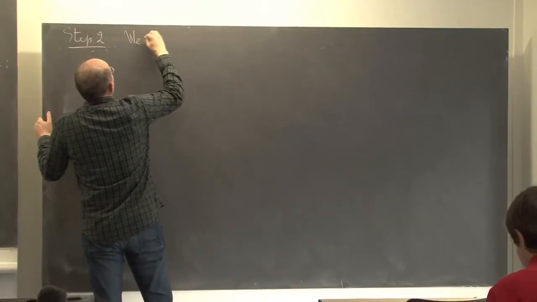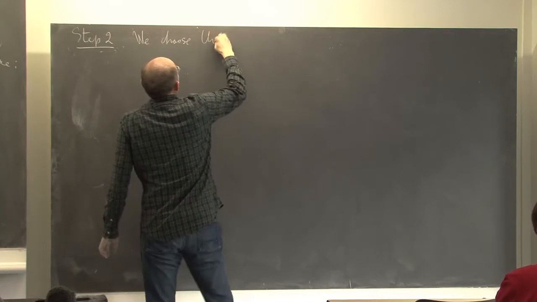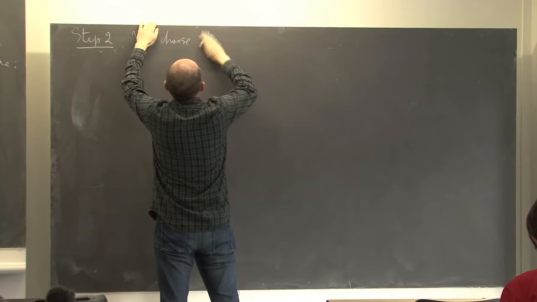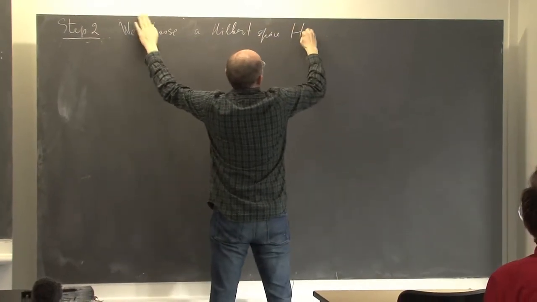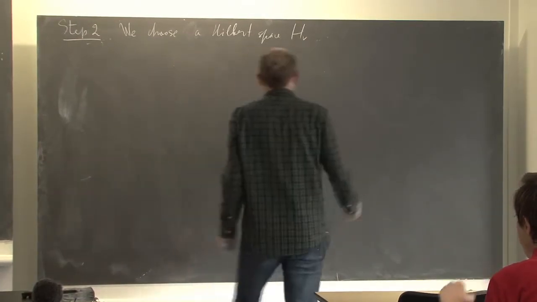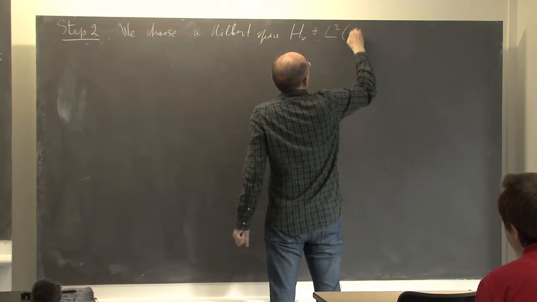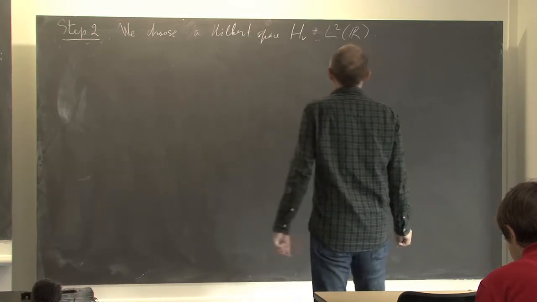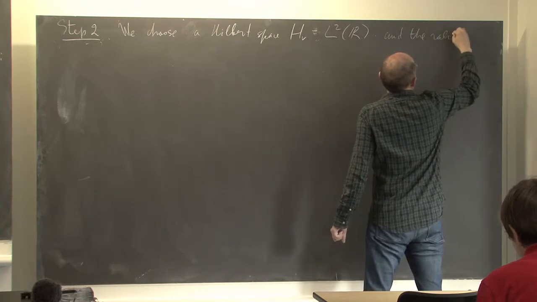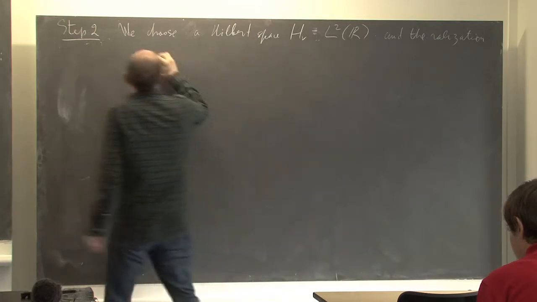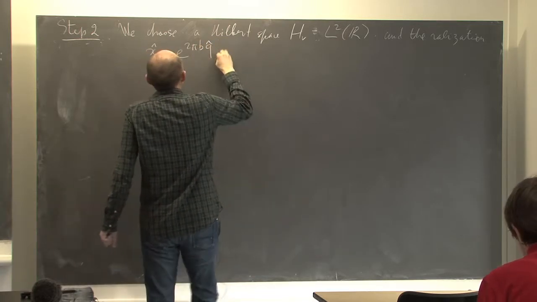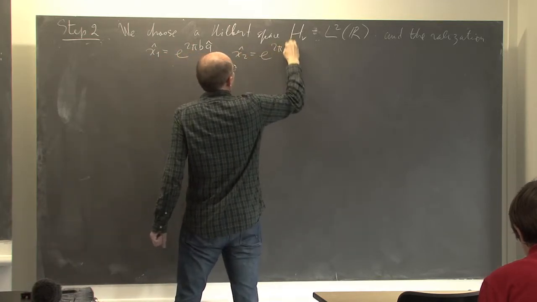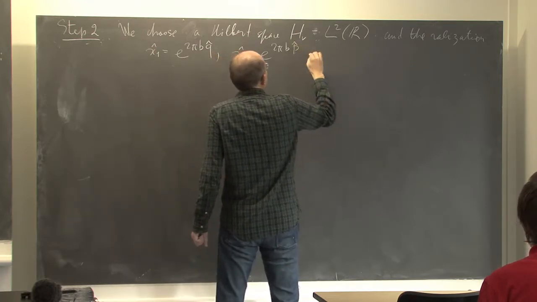So we choose, I don't know, the Hilbert space H_V, where V refers to our V, R squared positive, which will be L2 of R, the Hilbert space, and the realization: X1 hat is equal to e^{2πb Q hat}, and X2 hat equal to e^{2πb P hat}.